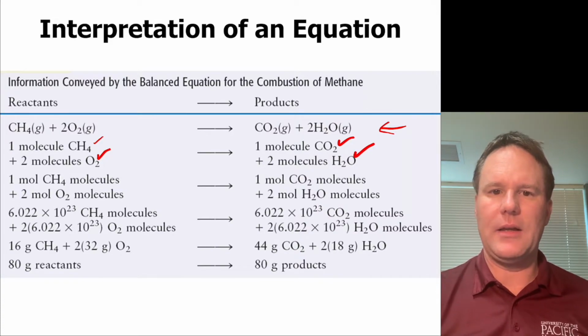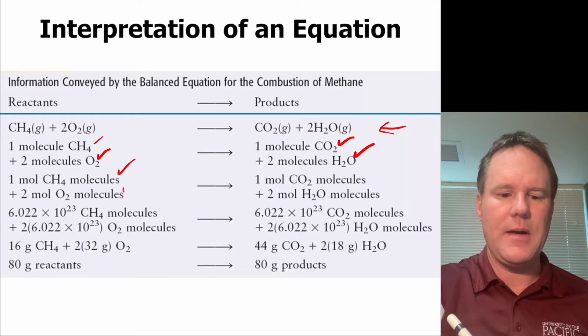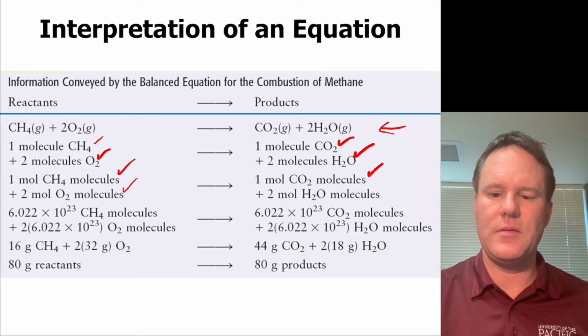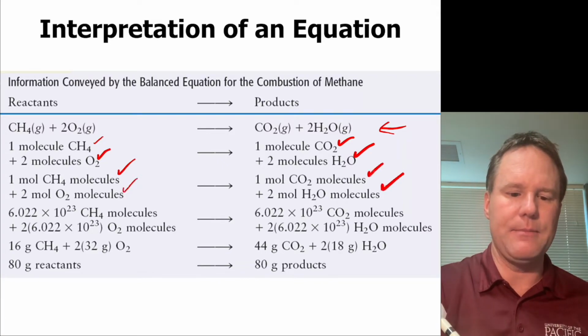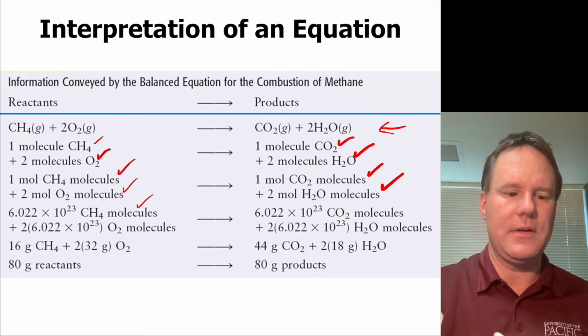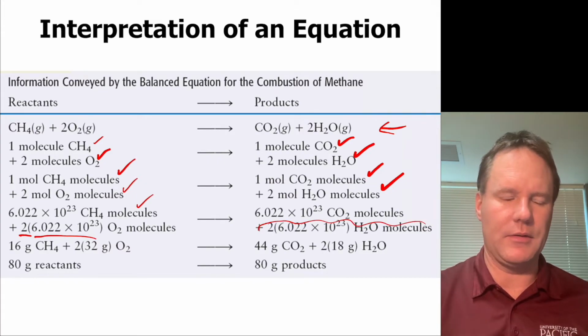But if one molecule reacts with two molecules, it's also true that 1 mole or 1 dozen will react with 2 moles or 2 dozen, and they will form 1 mole of CO2 and 2 moles of water. Which also means that 6 times 10 to the 23rd will react with 2 times 6 times 10 to the 23rd, and so on for the right hand side.